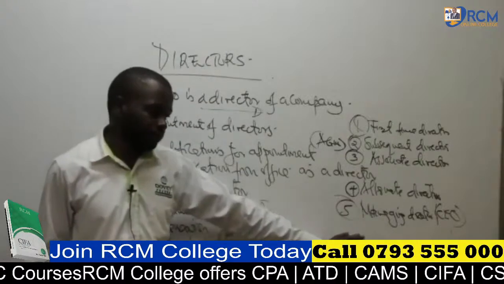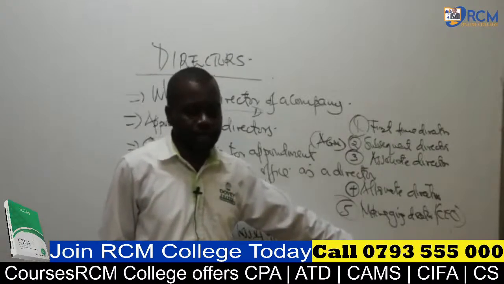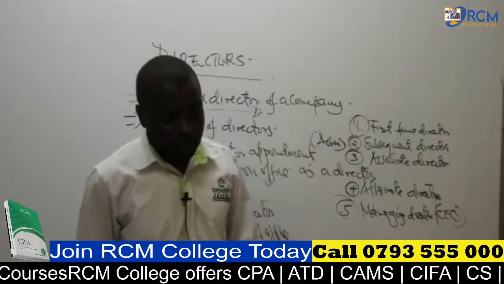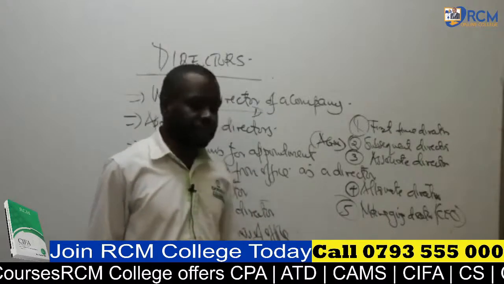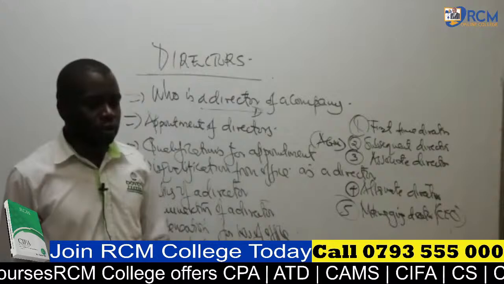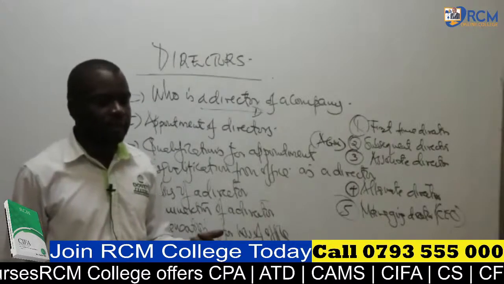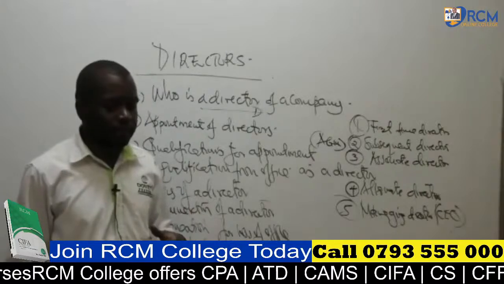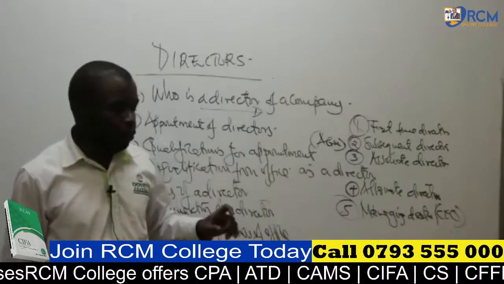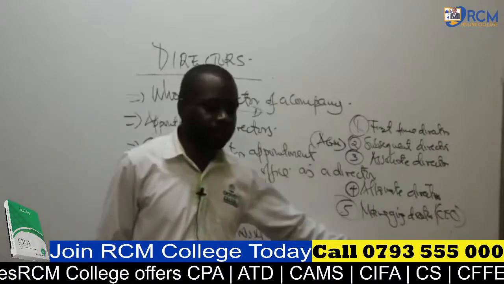Managing director or chief executive officer. This one mostly will be appointed by the board of directors. They'll choose someone who has expertise or knowledge on how to manage the affairs of the company. This is the one mostly engaged in the full-time management of the company.